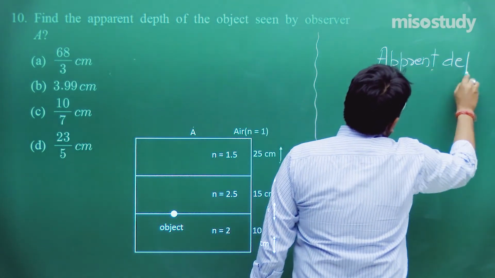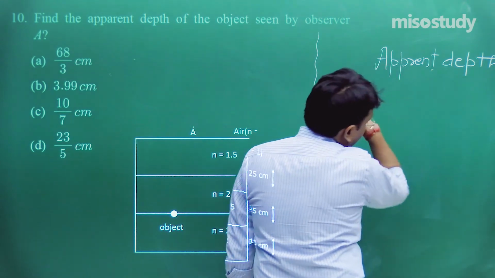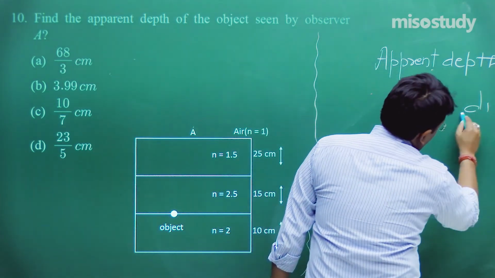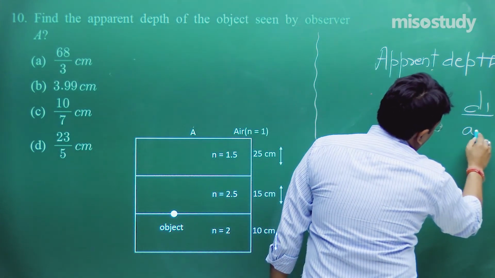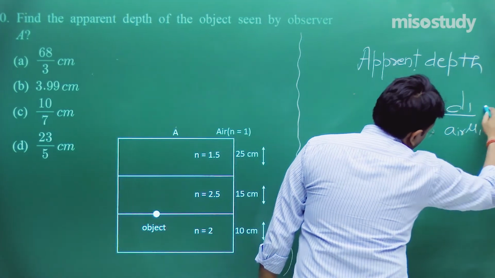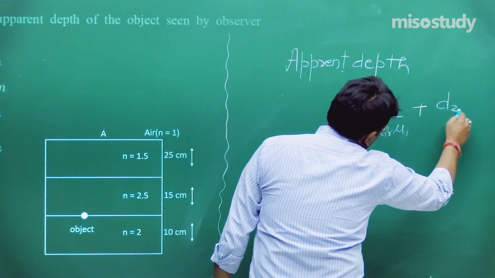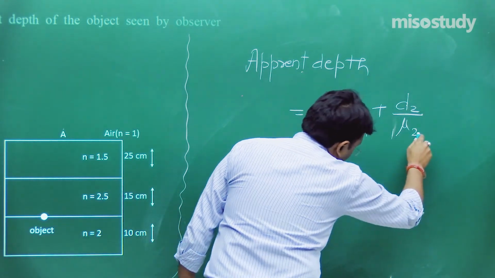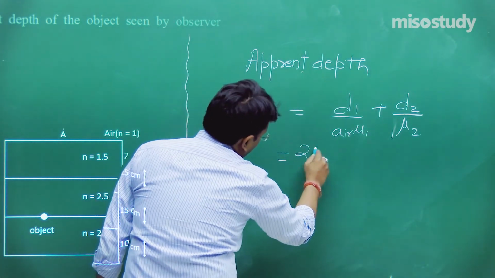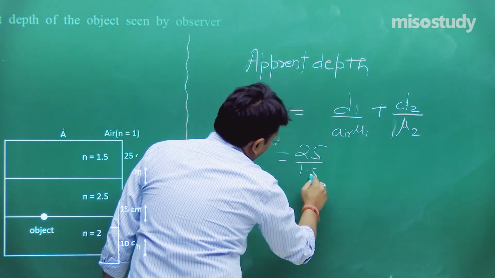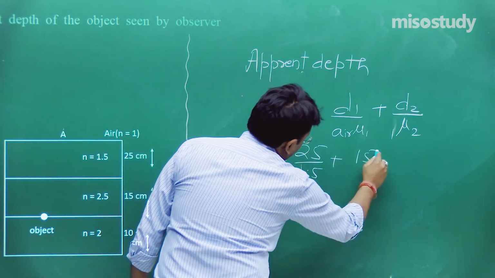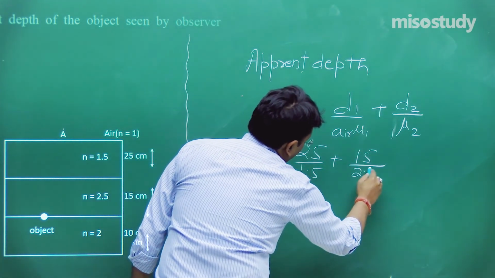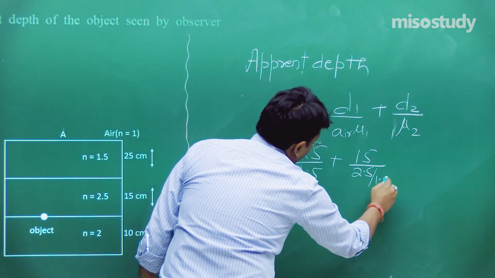depth is equal to d1 upon mu1 plus d2 upon mu2, with air mu as 1. Fine. Put the values, that is 25 upon 1.5 plus 15 upon 2.5 divided by 1.5.